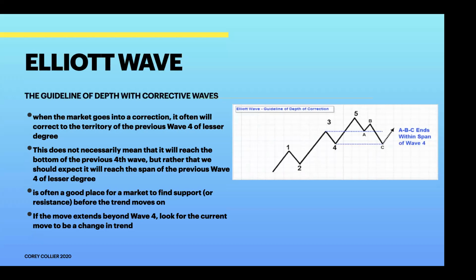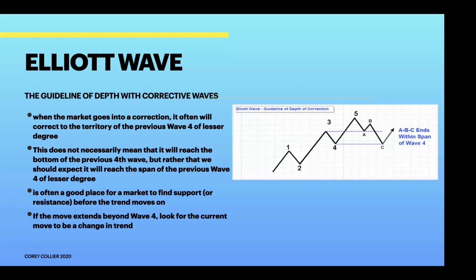So remember, wave 4, guys, is a correction wave. This does not necessarily mean that it will reach the bottom of the previous wave 4, but rather that we should expect it to reach the span of the previous wave 4 to a lesser degree. So it's often a good place for the market to find support or resistance or market structure before the trend moves on.